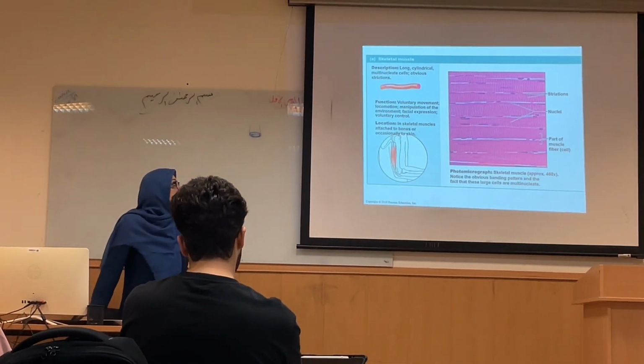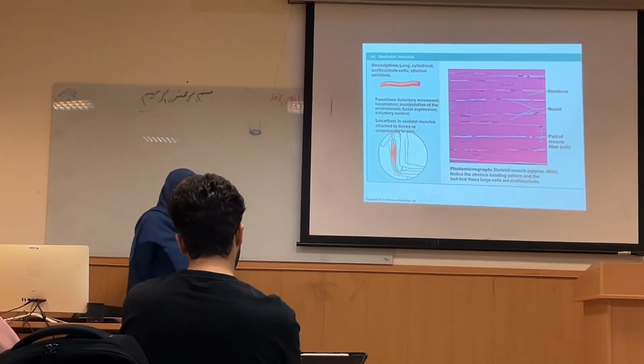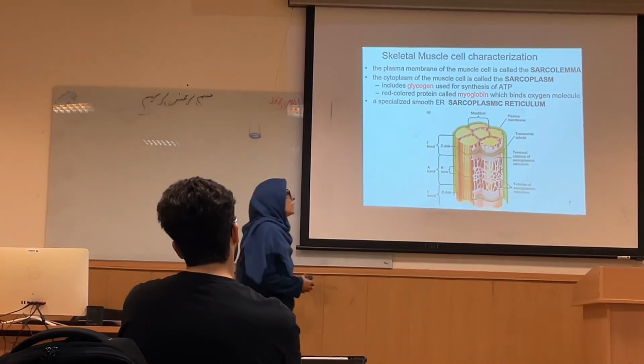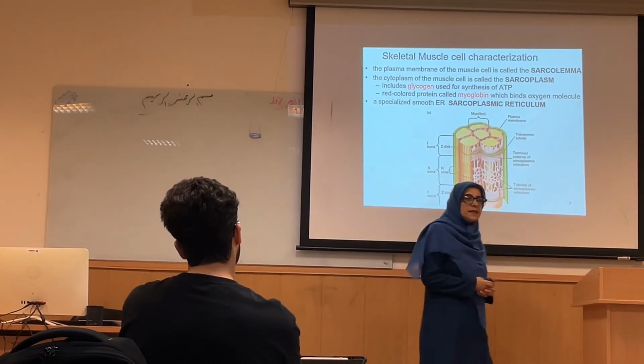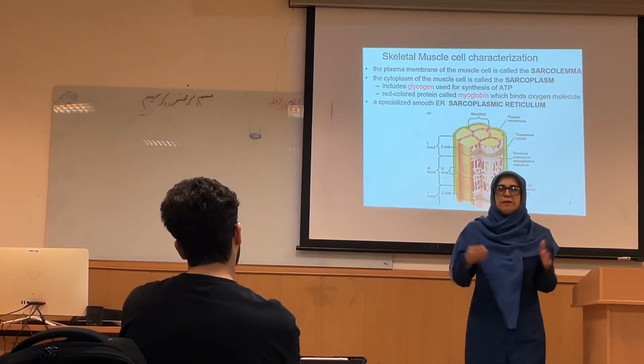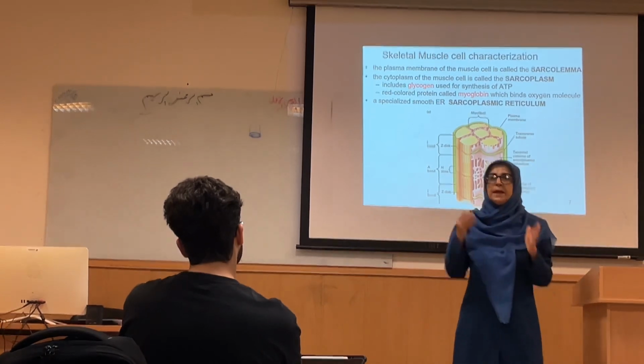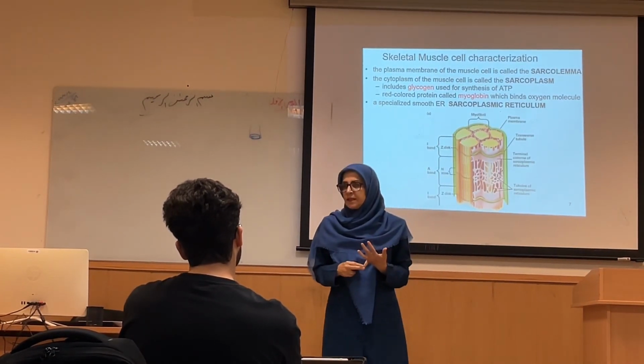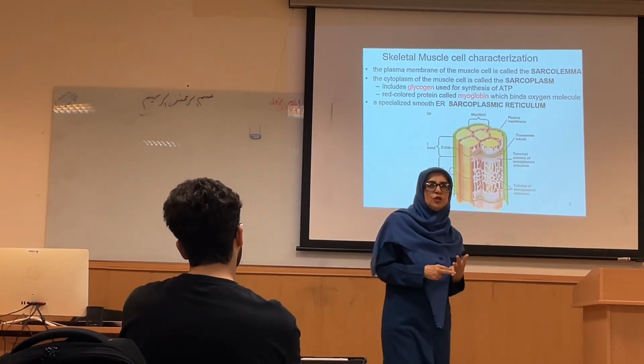At first, we want to know the skeletal muscle. But before starting this part, the muscle cells are very long compared to other tissues, compared to epithelial cells or connective tissue cells.